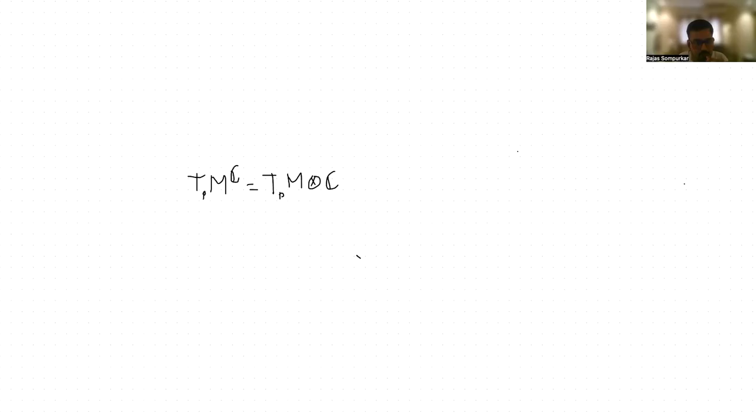And this complexified tangent space has the square root of -1 eigenspace and the minus square root of -1 eigenspace, which are the two eigenspaces corresponding to that almost complex structure J. We had this almost complex structure J on the real tangent space, which turned it into a complex vector space, and this satisfied the property that J squared is equal to minus identity. When this operator is extended C-linearly to the complexified tangent space, we can see that it has exactly two eigenvalues, square root of -1 and minus square root of -1.